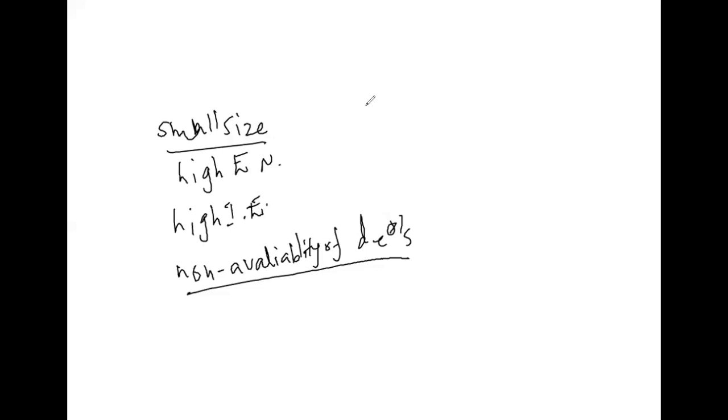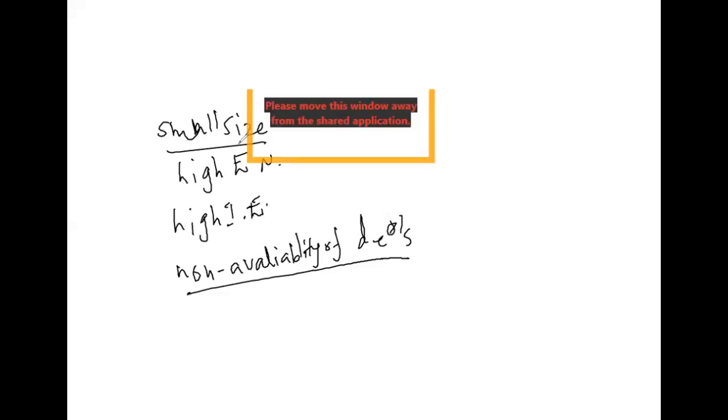If d orbitals are there, we can see d electrons. If d orbitals are not there, we cannot see any d electrons. That is why the chemistry of the first member of any group is entirely different from the other members of the same group.